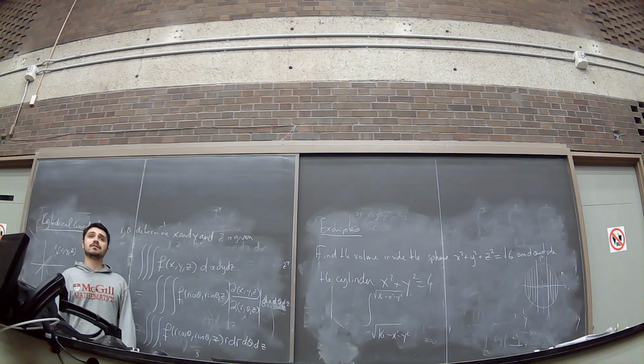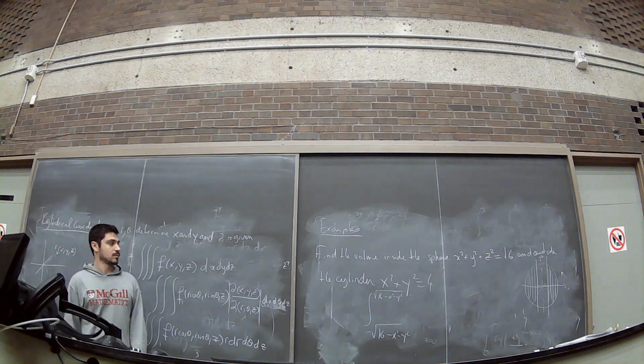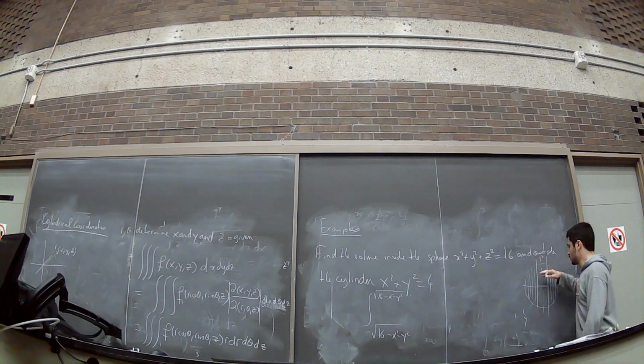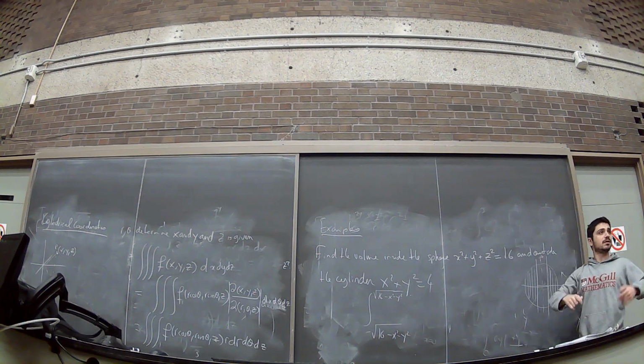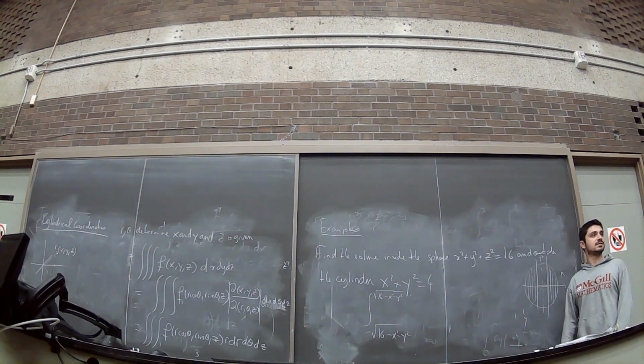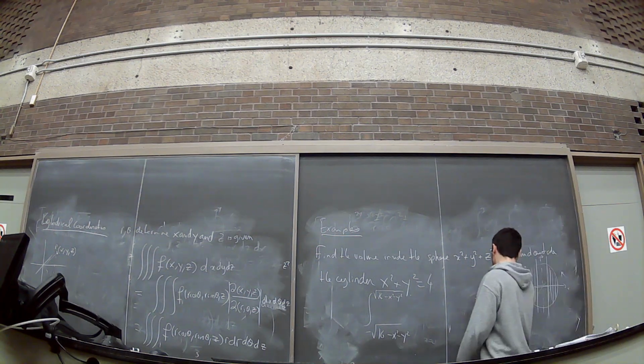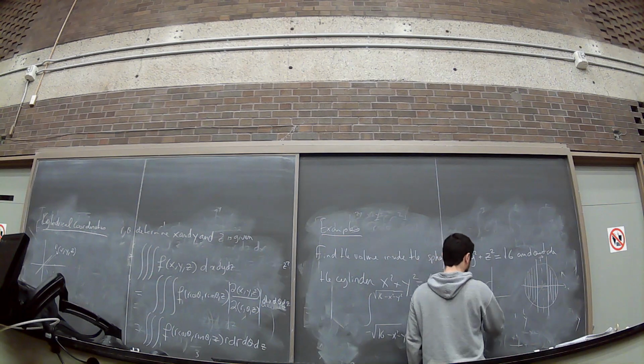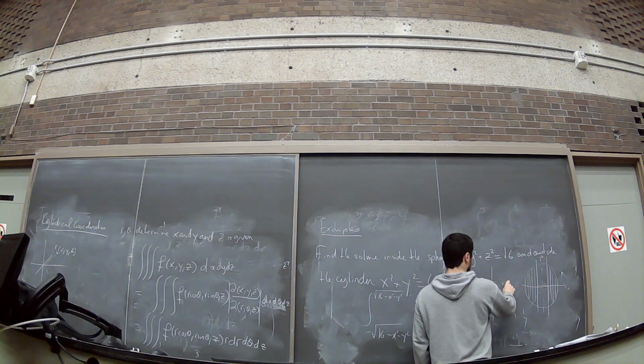Now, where will x and y vary? You've determined z. Project everything onto x and y. If you project this onto the xy plane, you get the circle of radius 4, right?